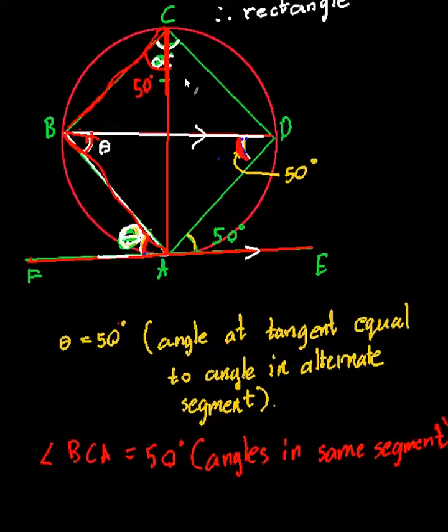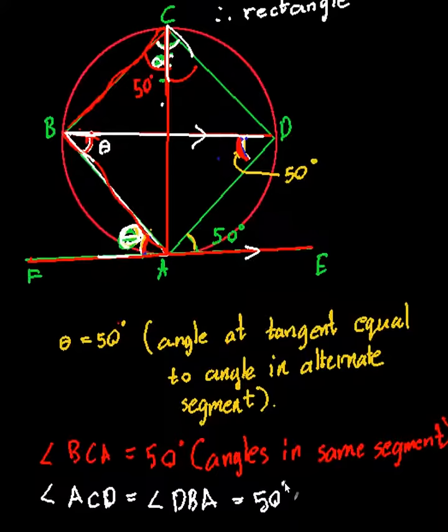And for the same reason, angle ACD over here is going to equal angle DBA. So let me write that down. Angle ACD equals angle DBA, which is also equal to 50, and again, angles in the same segment.